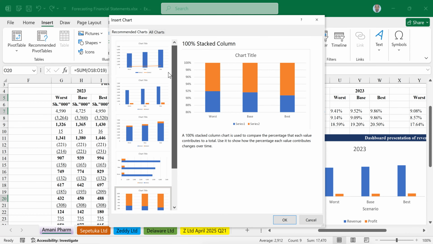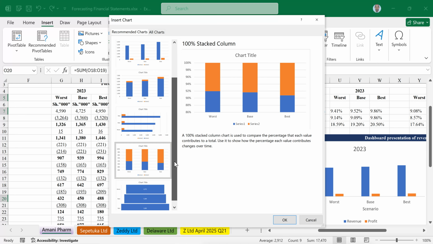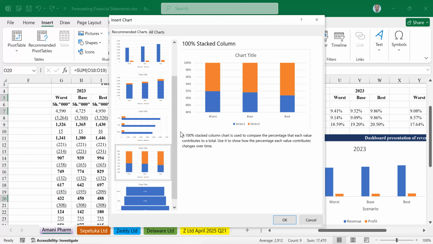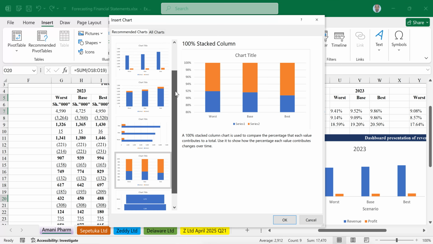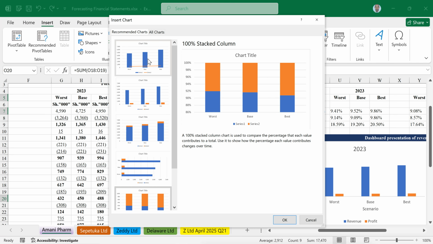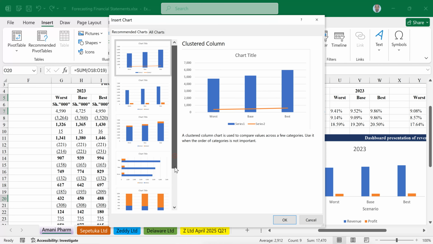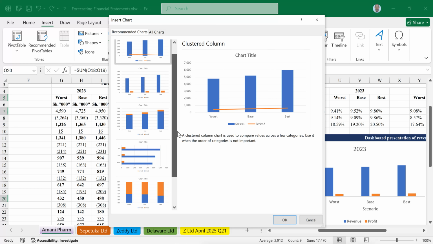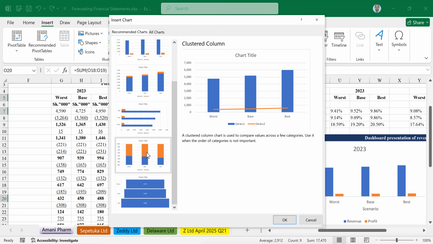I think that is fine. A combination, you can go for a combination. This one, let me pick this, then okay.